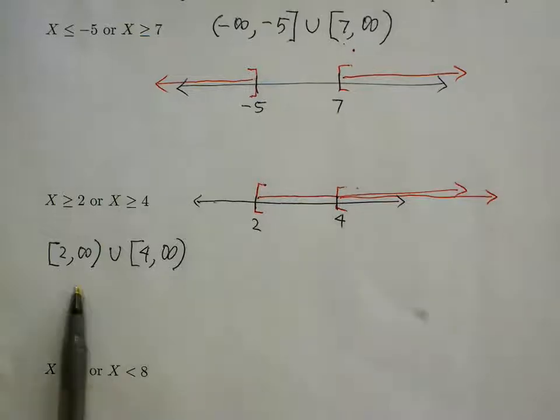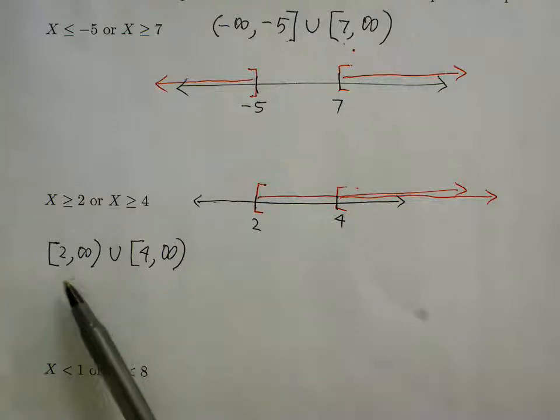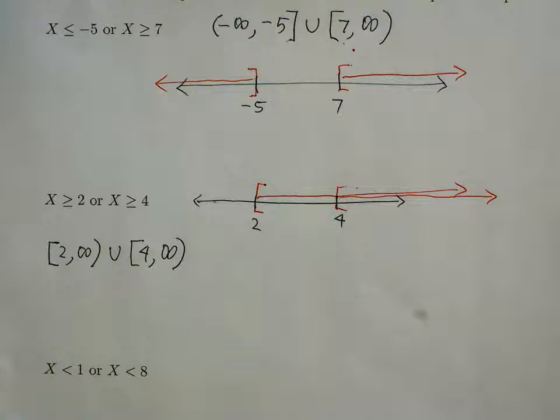But we can write this more compactly. It's not that this is incorrect, we can just simplify it. So we're including all of the numbers that are in both sets.